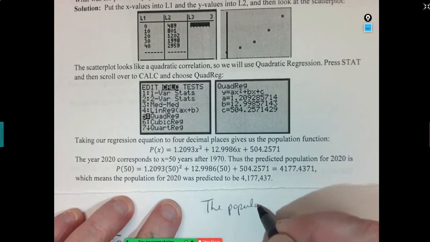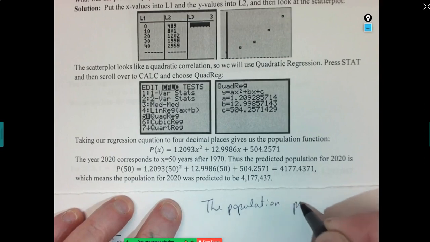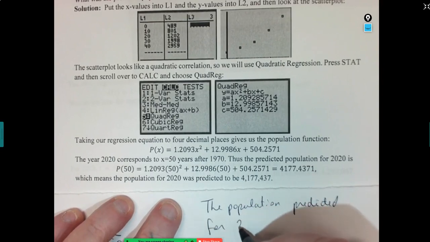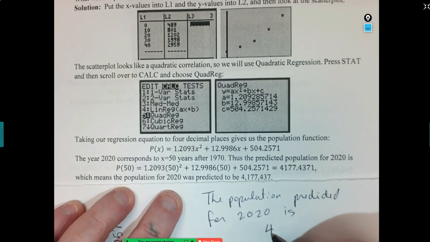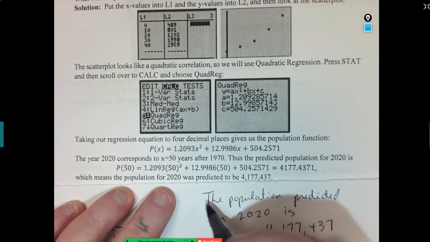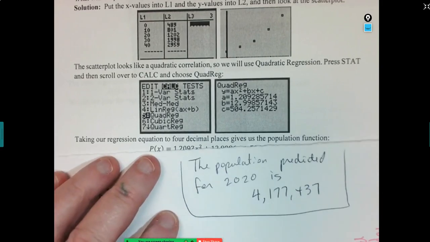The population predicted for the year 2020 is, and then that number. That's what the department is looking for.